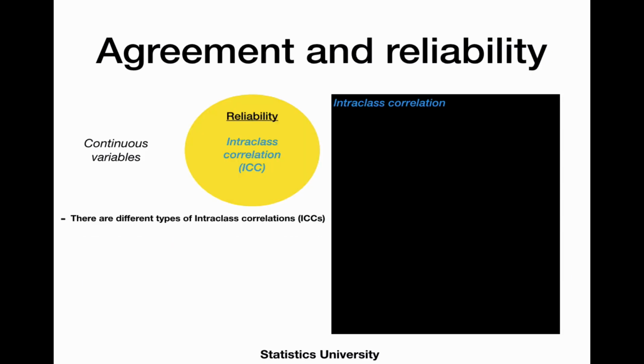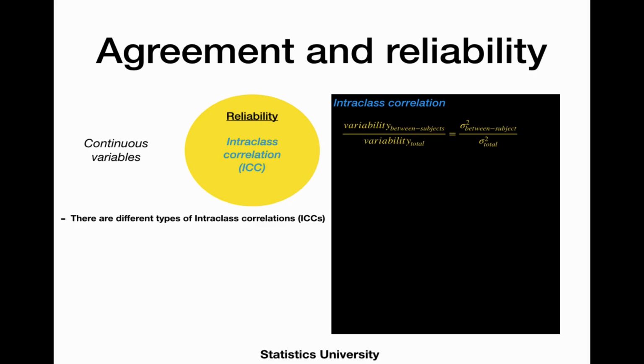Last but not least, the intraclass correlation coefficient, the reliability measure for continuous variables. And the abbreviation is ICC. So there are different types of intraclass correlations, and it's best that you specify which type of ICC you use in your research along with the mathematical equation to derive it.